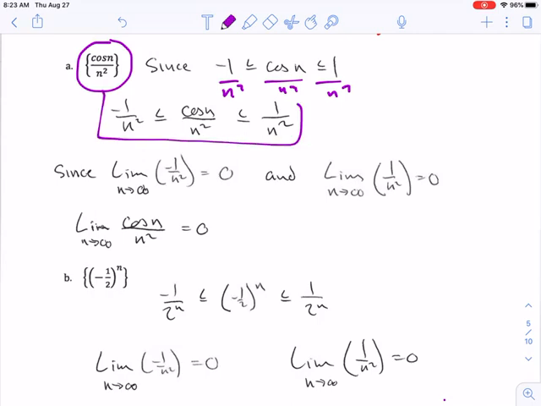in other words, we're dividing all three sides of the inequality by n squared, then we get this right here. And now let's take the limit of this. Well, the limit of -1 over n squared is 0. The limit of 1 over n squared is 0.